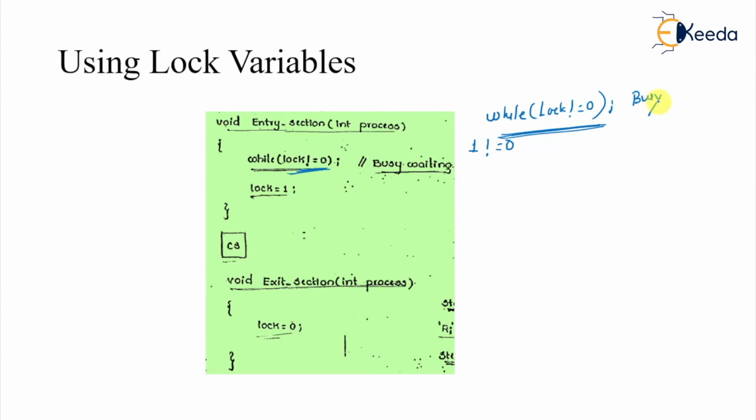If the lock is 0, then the condition is false, and we assign the lock variable to 1, then we enter the critical section. On exit, we make the lock equal to 0. So that is a lock variable, and using lock variables we can achieve mutual exclusion.